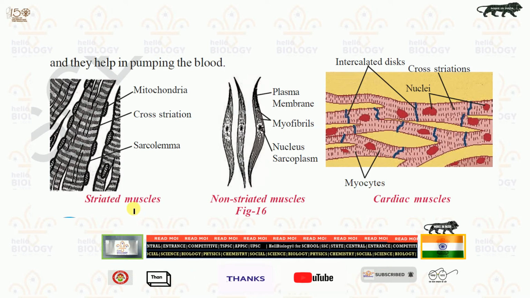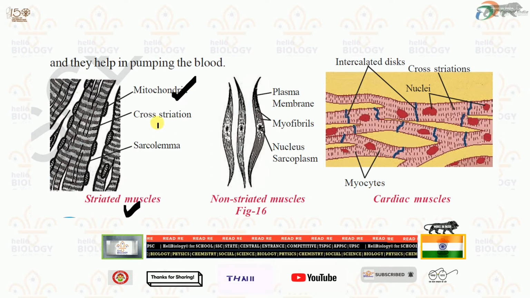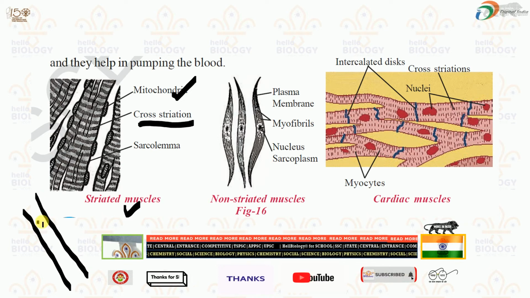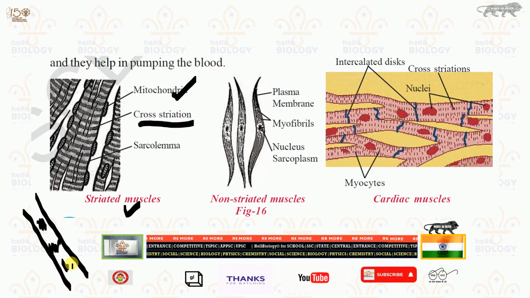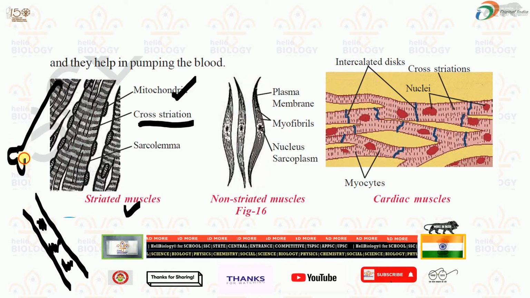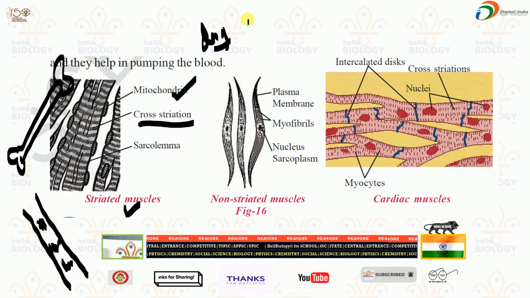Striated muscular tissues have mitochondria and striations. Cross striations are important. If a muscular tissue is in this form, it has cross striations. These help it attach to bone very strongly, and also help in carrying out day-to-day activities freely.